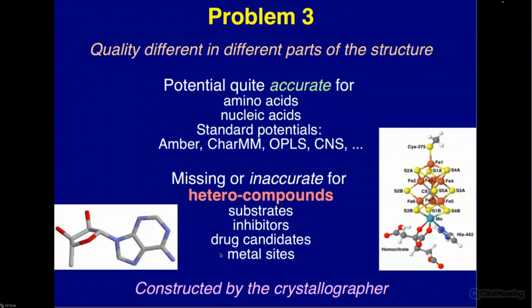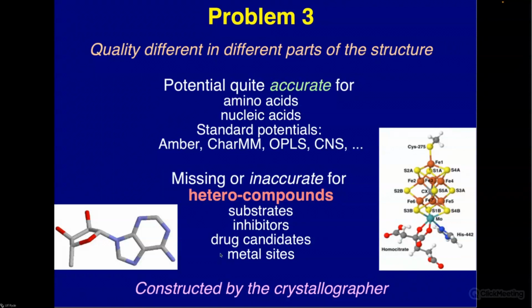So already more than 20 years ago, we suggested how we can solve this problem by employing quantum chemistry instead of the molecular mechanics potential for a small but interesting part of the protein. So this is similar to what you do in standard computational chemistry with the QM/MM method, the combined quantum mechanical and molecular mechanics methods.